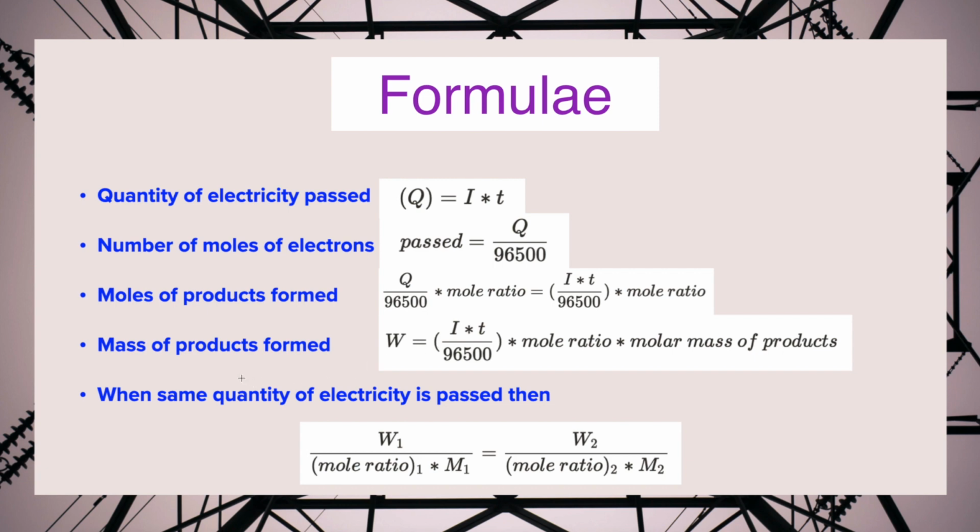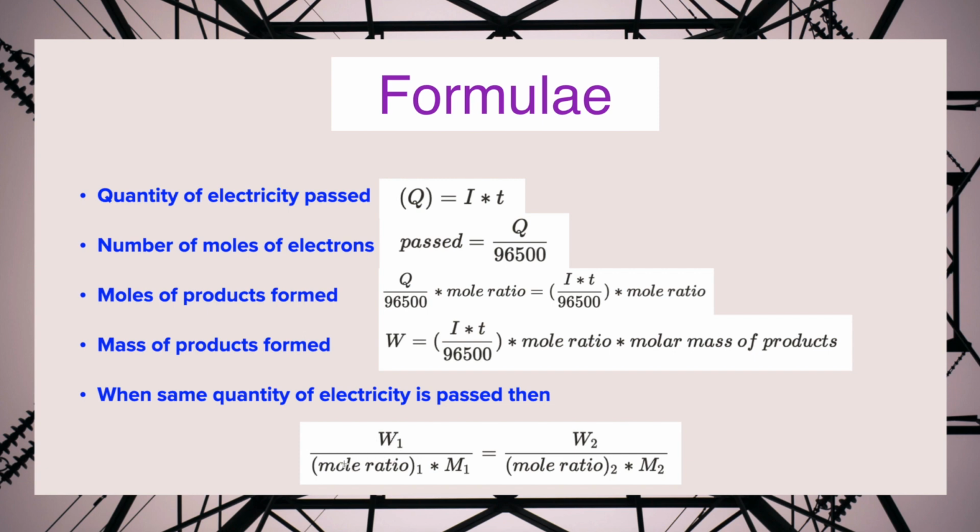Now, the next part is when the same quantity of electricity is passed through different electrolytes, two or more electrolytes, then the masses of the two metals or two products formed are related by using the formula W1 upon mole ratio 1 into M1 is equal to W2 upon mole ratio 2 into M2, where W1 is mass of the first substance which is formed in the first electrolytic cell.